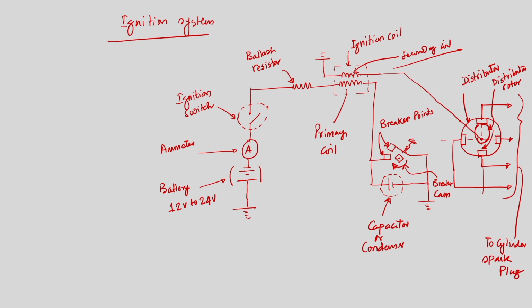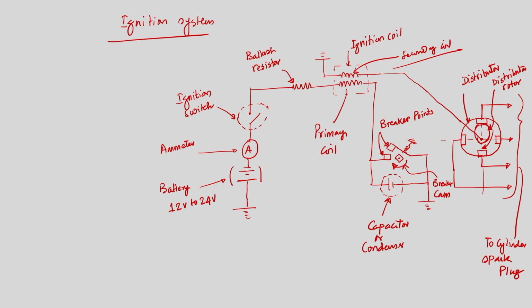Now, if we look at the distributor side, when the cam on the distributor shaft, that is the distributor rotor, opens the contact points, so when the breaker points are closed, current is flowing through the primary circuit, and the current will try to charge the capacitor.